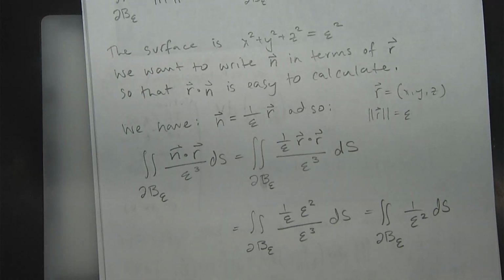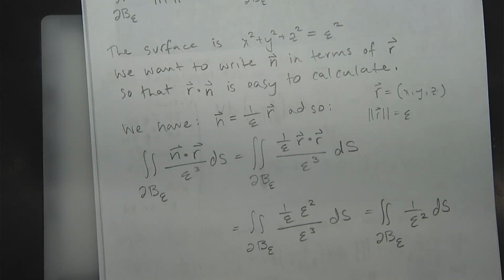Okay, so our integrand is constant. It's just always 1 over epsilon squared. Beautiful, we love it. We're integrating this over the surface of a ball.